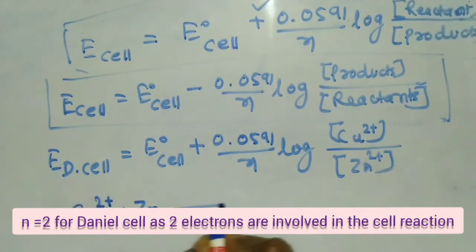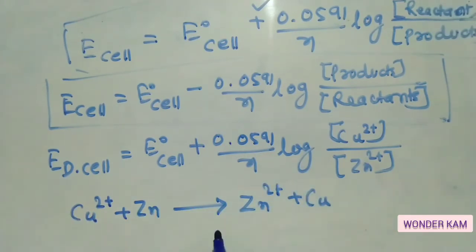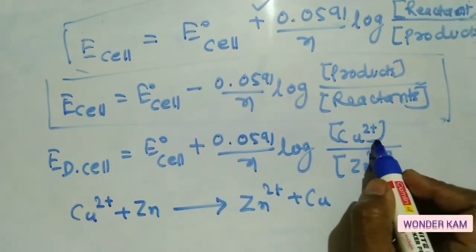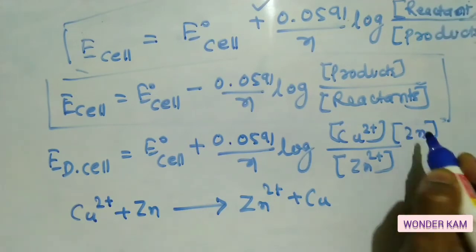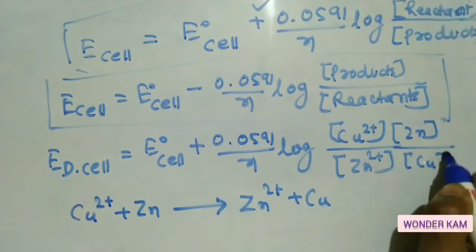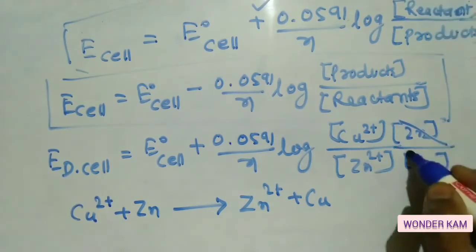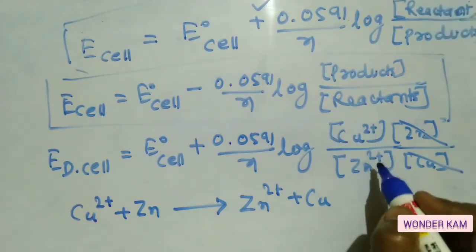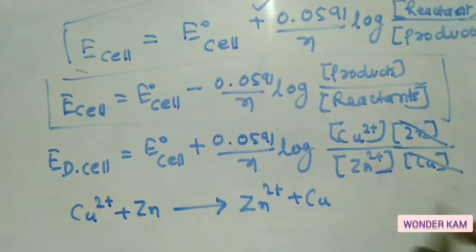Let's see the overall cell reaction of the Daniell cell. As I told you, this is the concentration of reactants, so Cu²⁺ and this would be Zn. Here the solid concentrations are negligible because this is the solution state, so for that reason only the concentration of ions is considered.